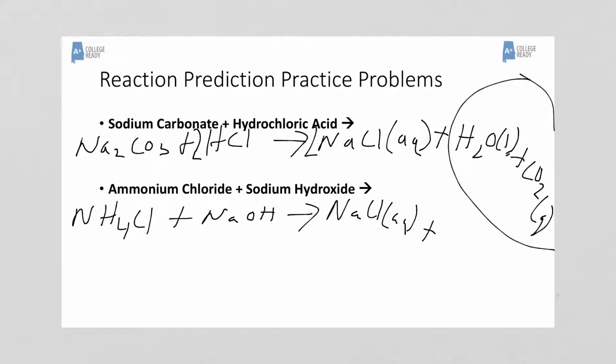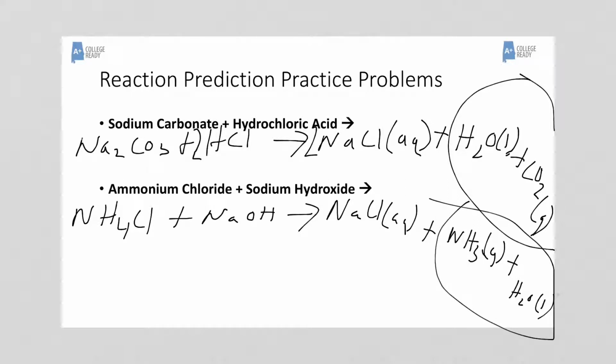Remember that that compound is unstable and breaks apart to yield ammonia, a gas, plus water, a liquid. Again, check to make sure that it's balanced, and this one is balanced as written. So that is a double replacement reaction between two salts. The reaction does occur because it creates a gas and a liquid.